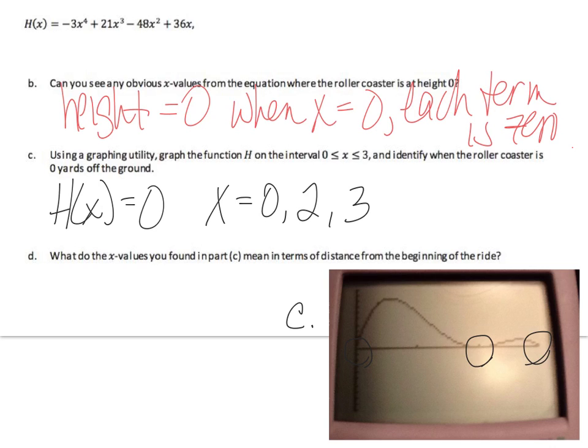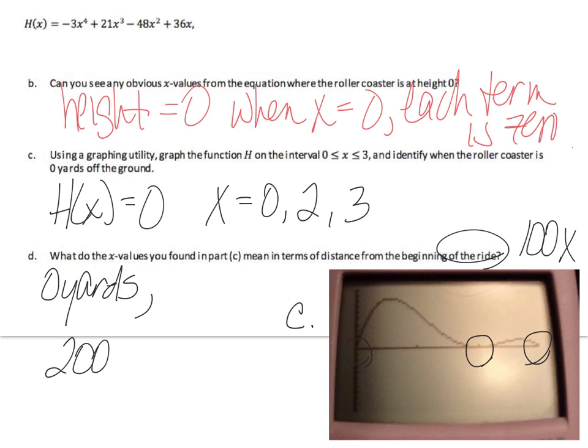So what do the x values you found in part C mean in terms of distance from the beginning of the ride? Remember, distance from the beginning of the ride was 100x. So if I plug in 0, I would get 0 yards, 200 yards, and 300 yards.